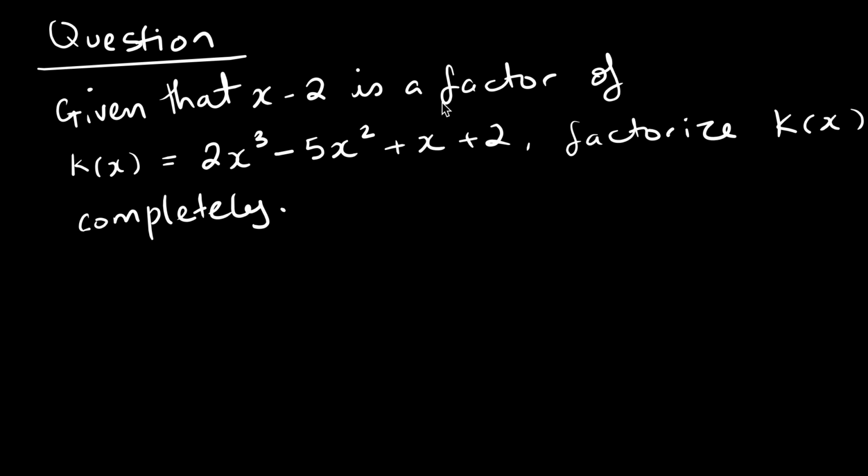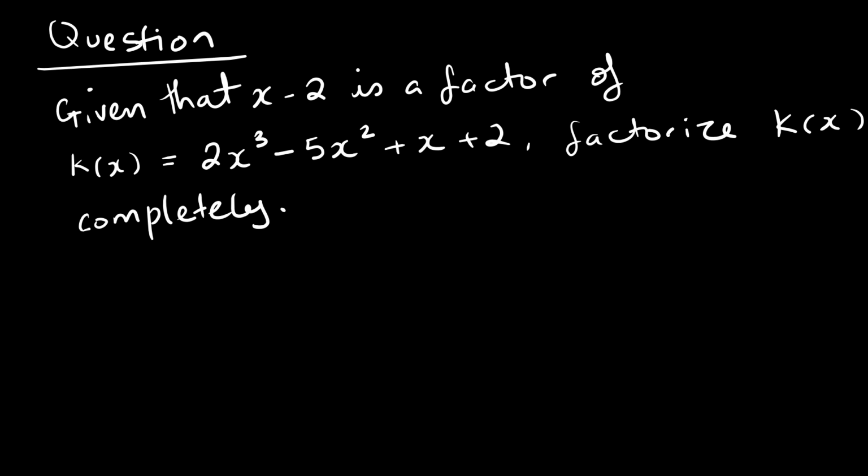So our very first step is to understand what we're being asked, right? Now, they start off by saying that x minus 2 is a factor. So if x minus 2 is a factor of, and let me see if I can get this to show as usual. Let's see if we can get this working really quickly.